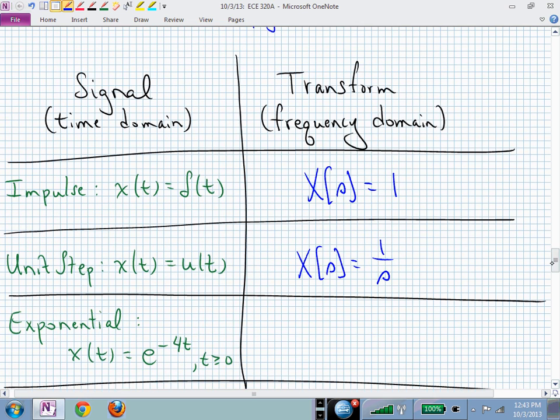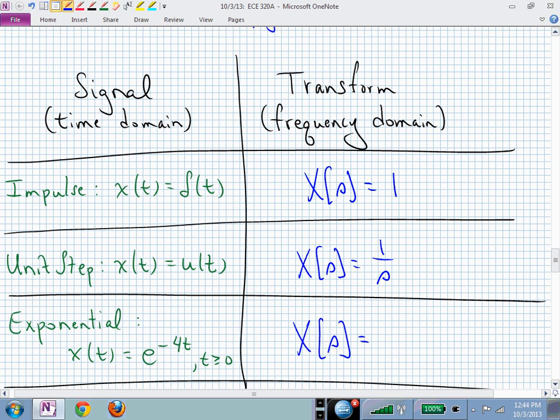What about an exponential decay? What's the Laplace transform of an exponential decay? Do you remember that? That was buried in an earlier table when we were deriving the transforms of a sinusoid. But here, let's say that you just have an exponential decay, e to the minus 4t, and you want to determine its Laplace transform.